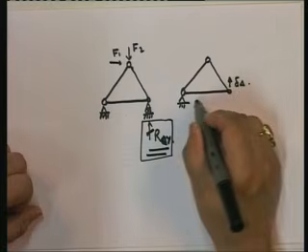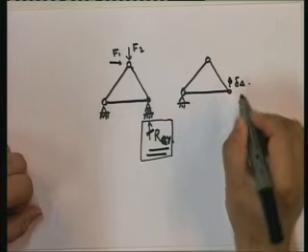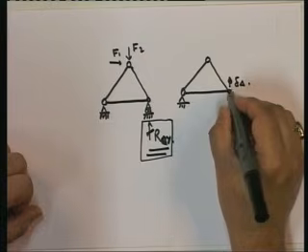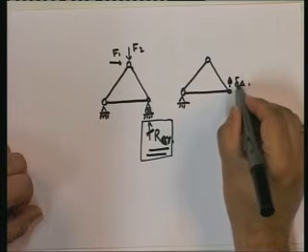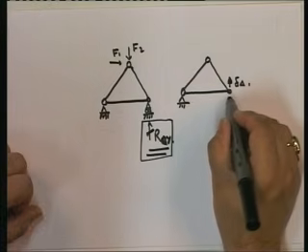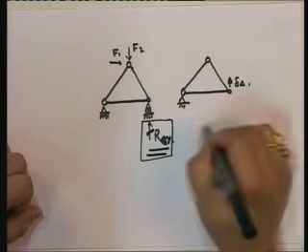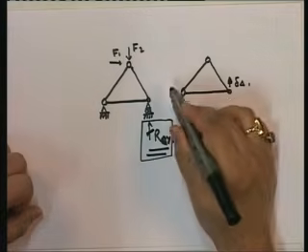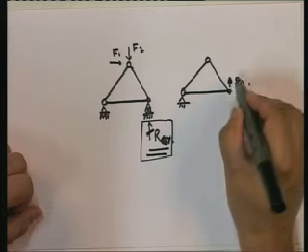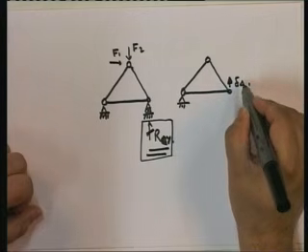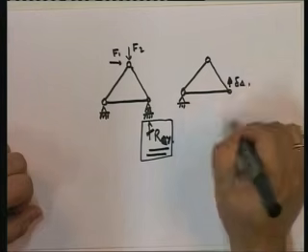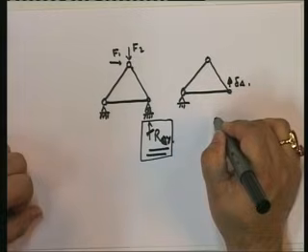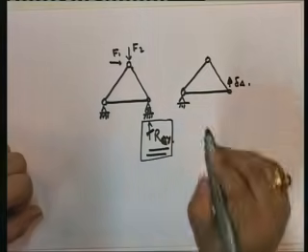All I am interested in is to ensure that this structure... now note, if you look at this, once I remove this restraint, this is a mechanism. Since it's a single degree of freedom mechanism, I can give it a displacement and I can find out how every other point moves. Is that clear? I can do that.